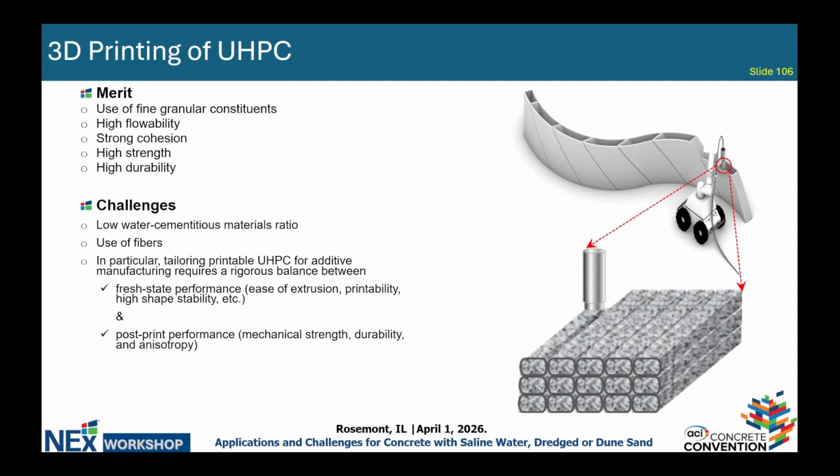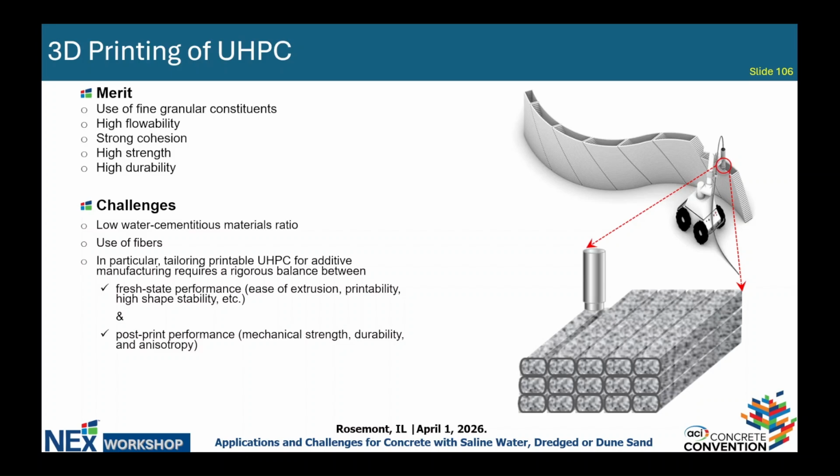So UHPC is great, right? But when we use UHPC for 3D printing, we need to consider something else. This is a brand new research topic. Based on my understanding, only a few scholars in the US are doing 3D printing of UHPC. The reason we use it for 3D printing is that there are some advantages. For example, the use of fine granular constituents.